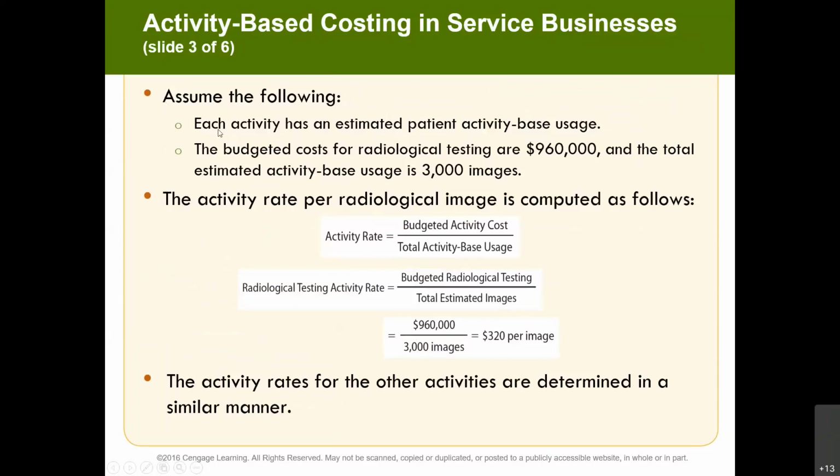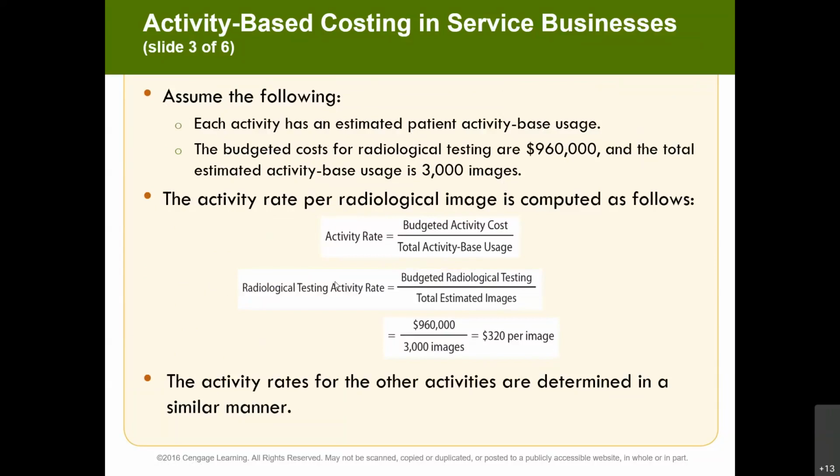So let's assume the following. Each activity has an estimated patient activity-based usage. The budget for radiology testing is $960,000, and the total estimated activity base is 3,000 images. We expect to take 3,000 images during this period, and the budget is $960,000.